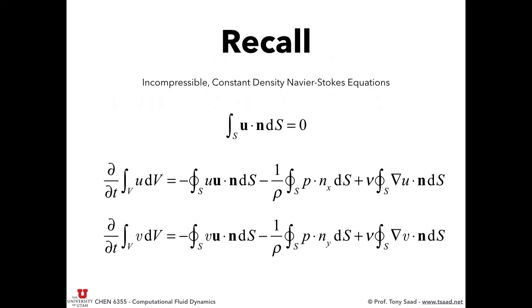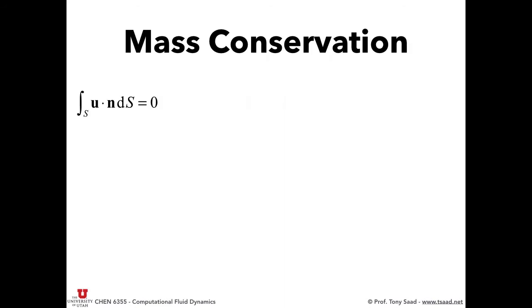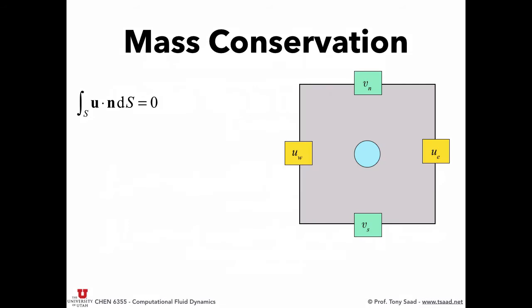Okay, so let's start with the mass conservation equation. So it says that the integral of u dot n ds equals 0. Everything that's coming into the control volume has to leave the control volume. That's what this integral is saying. And if you remember our control volume formulation, this says that the integral of u dot n ds over this control volume with the cell center is equal to the summation of the integral over the faces of u dot n ds.